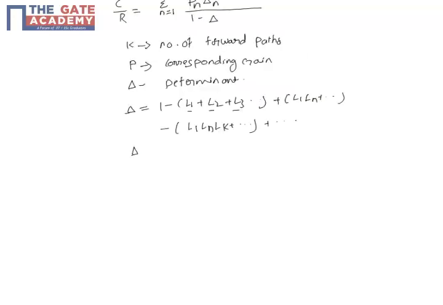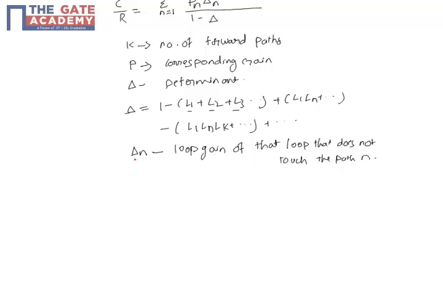And the final term, delta n, is the loop gain of that loop that does not touch the path n. This will be more clear once we apply it to our problem.